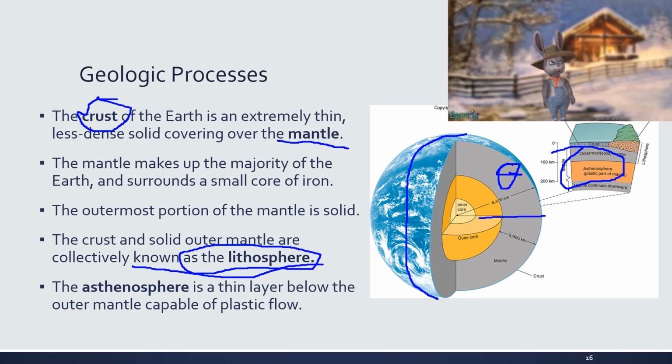So any rocky area of the Earth, we call the lithosphere. And we're going to see there's a thin layer below the lithosphere we're not going to worry too much about in this course called the asthenosphere. And this tends to be a more plastic flowing area. Very much again like a river of rock, okay, that our land sits upon.